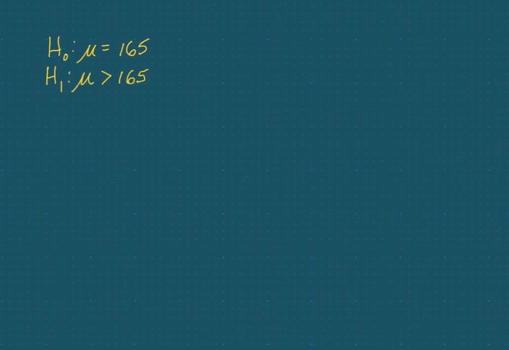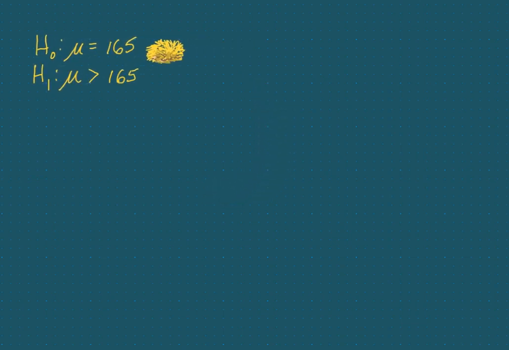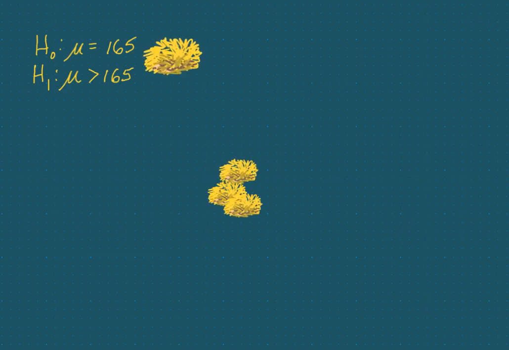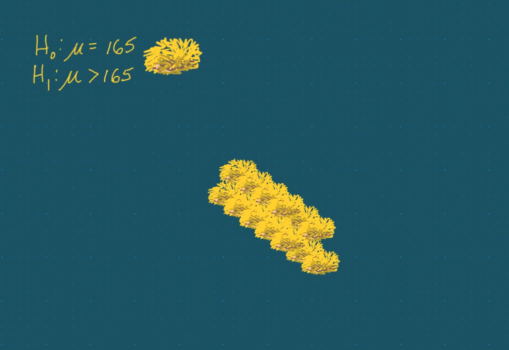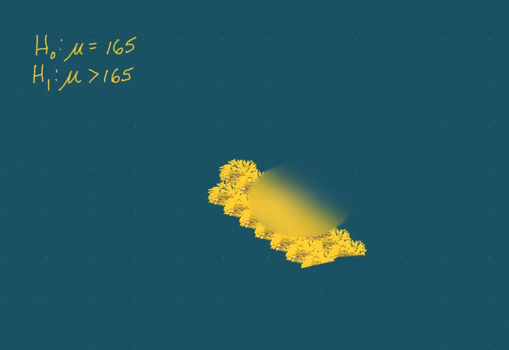But just in case you're one of those people who really needs something concrete to think about, let's consider that 165 is the number of babies a tribble can have in a week. And the alternative hypothesis is that they can have more than 165 babies in a week. Some of you will understand what a tribble is, some will not.